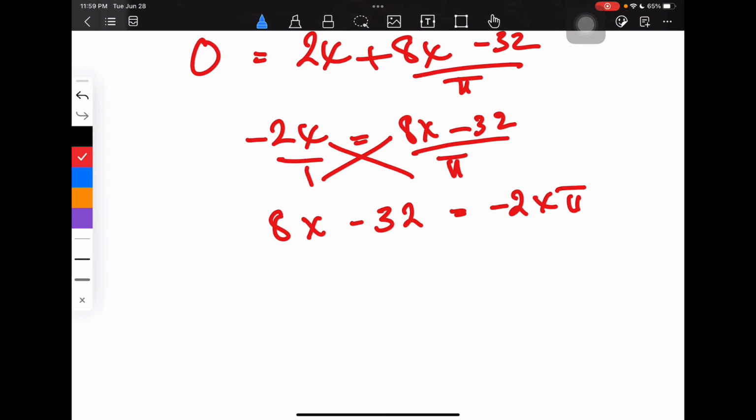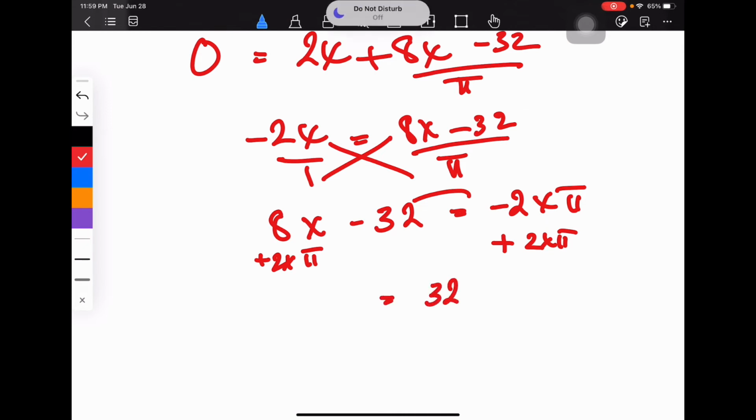With that, I can add 2x pi to both sides, move this over and then divide. So 32 would equal 8x plus 2 pi x, so x times 8 plus 2 pi, and dividing by 8 plus 2 pi, x equals 32 divided by 8 plus 2 pi.